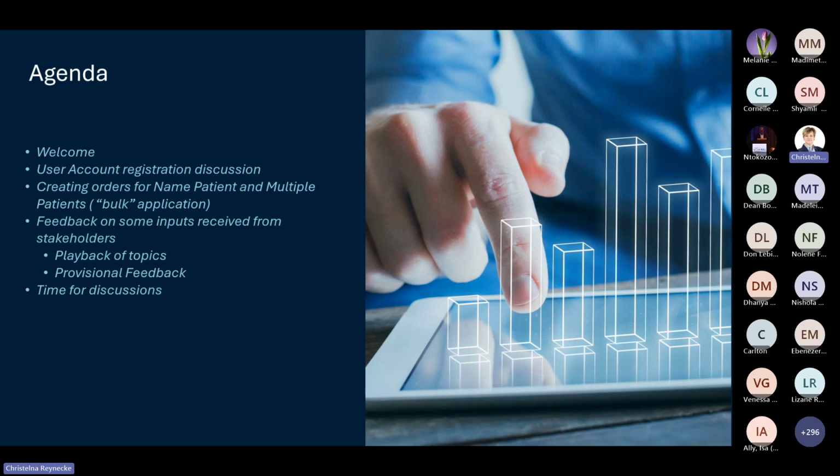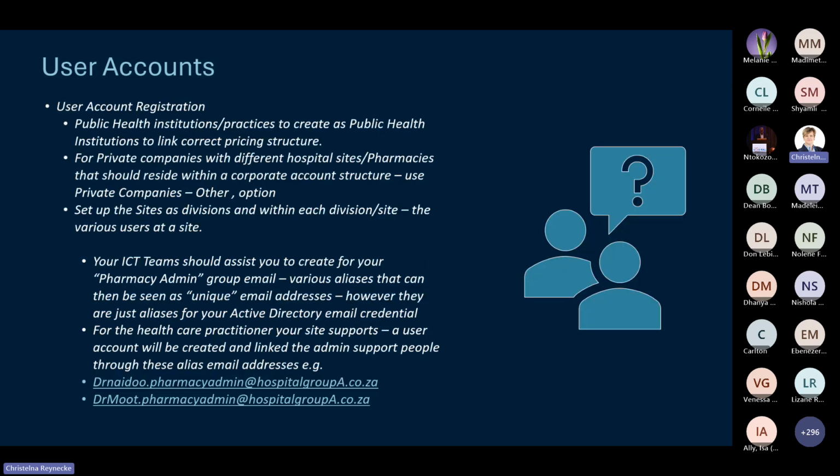So first things first, looking at our user accounts. Just to flag for colleagues that are coming from public healthcare institutions, whether that's a hospital or a clinic, it's really important that when you create your user account, you create that as a public health institution in order for us to link the correct pricing structure to your accounts.